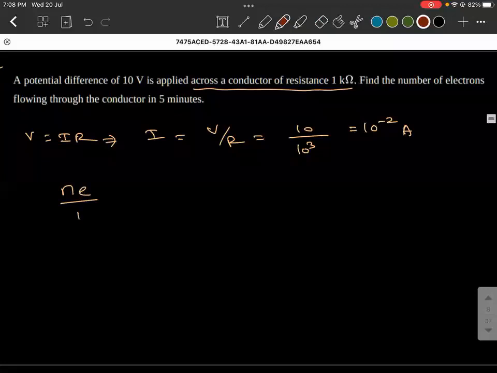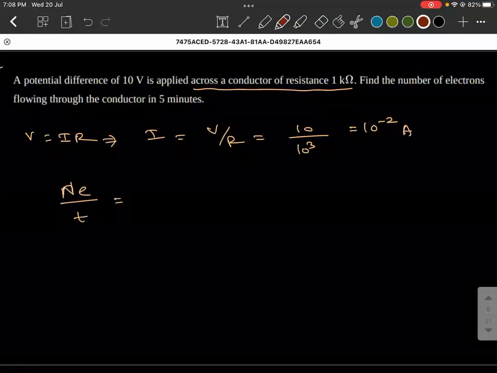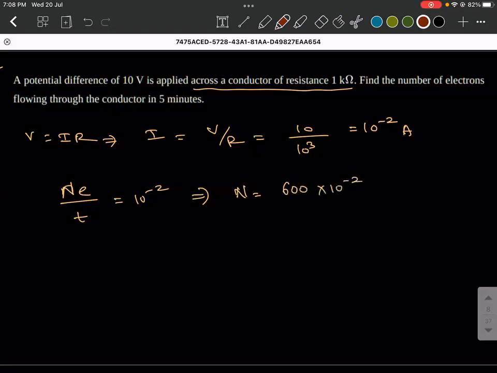Capital N into E divided by T is equal to 10 power minus 2, which implies capital N is equal to T into 10 power minus 2 divided by E. T is 5 minutes, which is 300 seconds.